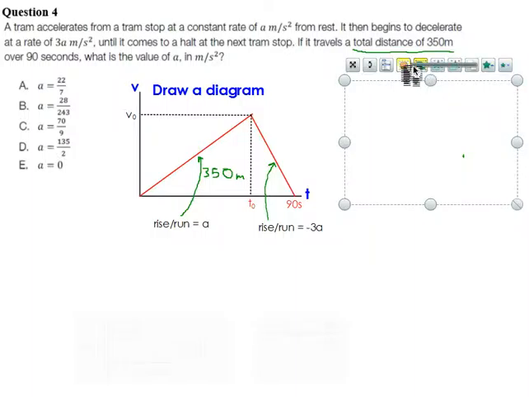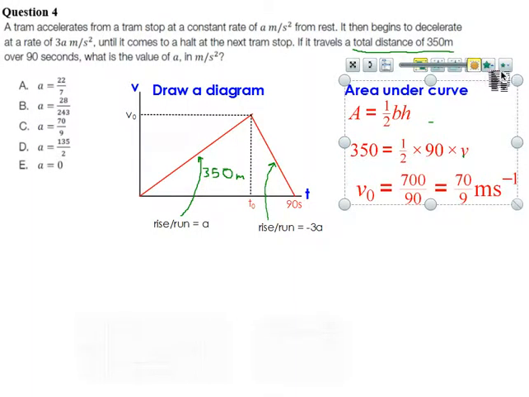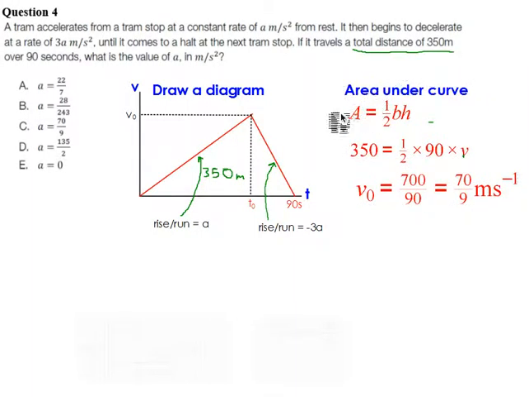So the first thing, once that's established, is that we've got a triangle, and the area of a triangle is the same as the area under the curve. So we can use the area of a triangle rule, half base times height. Area is 350. The base length is 90 seconds.